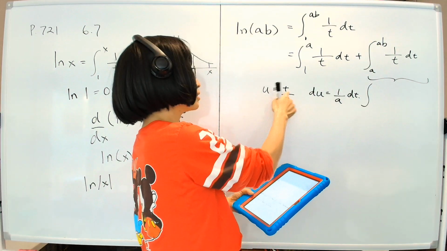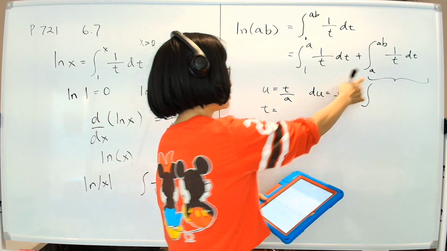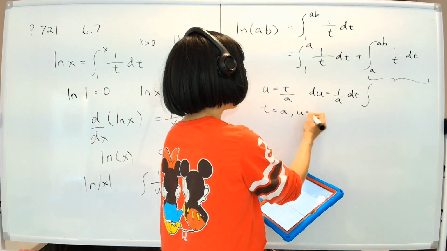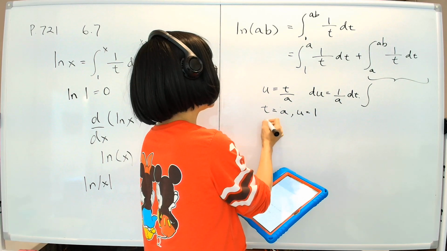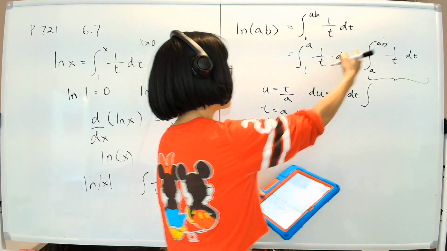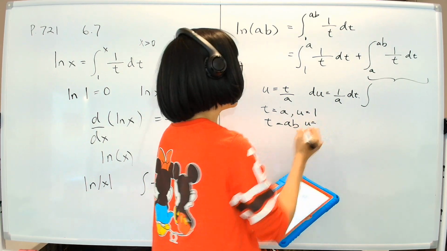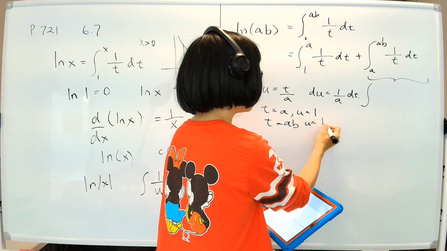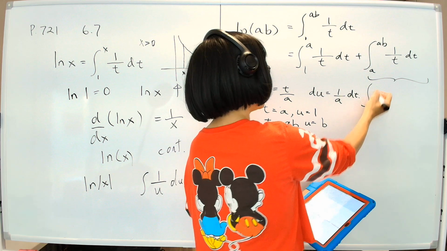So if u equals t over a, then when t equals the first one, which is a, u equals 1. When t equals the second point, which is ab, then u equals ab divided by a, which equals b. So the integration just for this part goes from 1 to b.